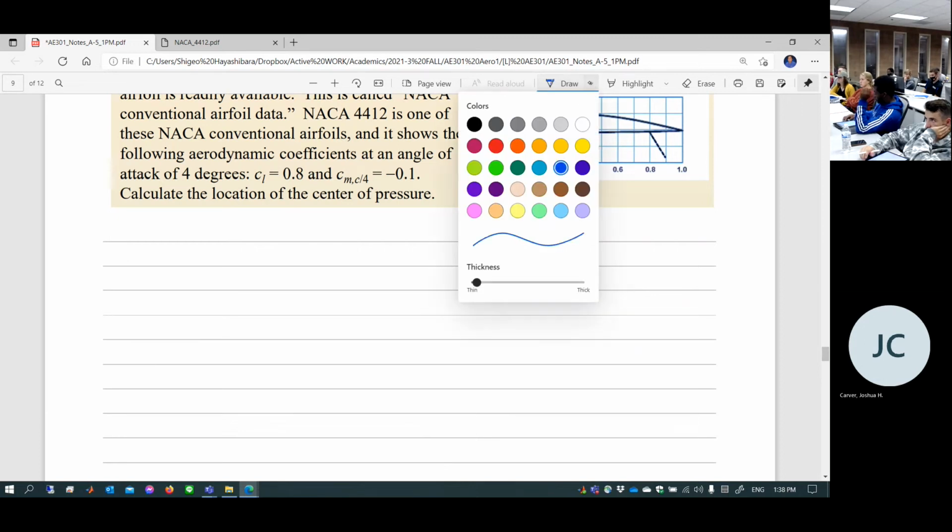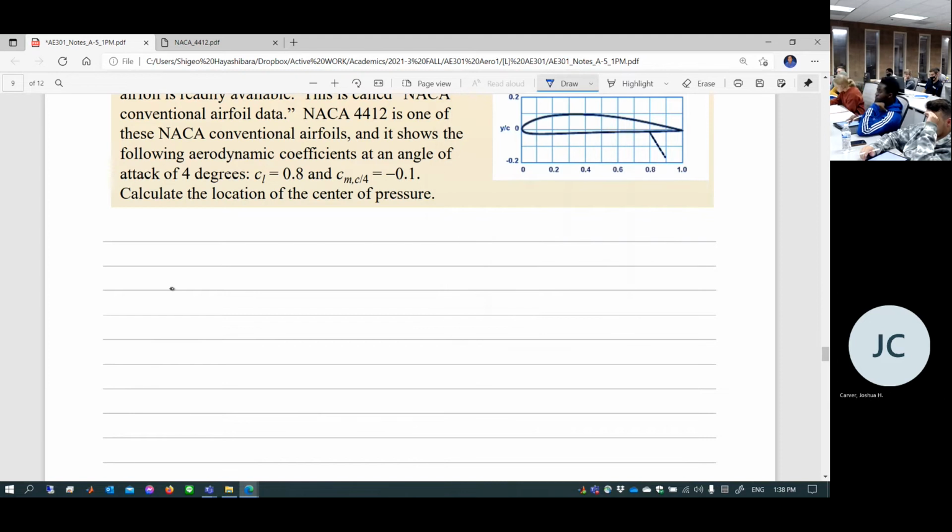Starting from this equation, XCP, the actual distance, is the quarter chord minus the moment at quarter chord per unit span divided by lift per unit span.